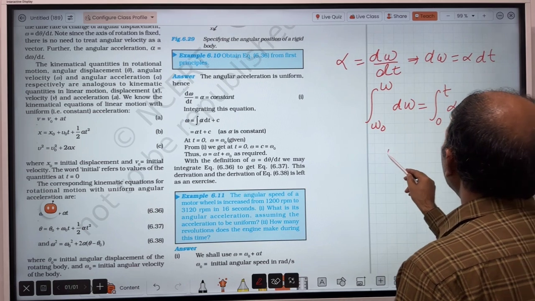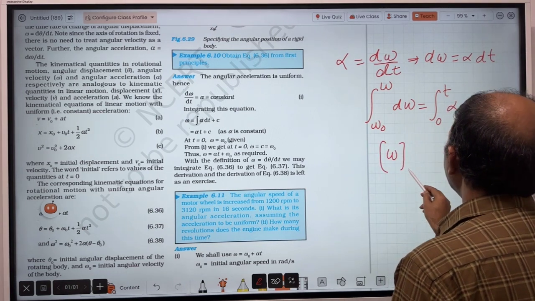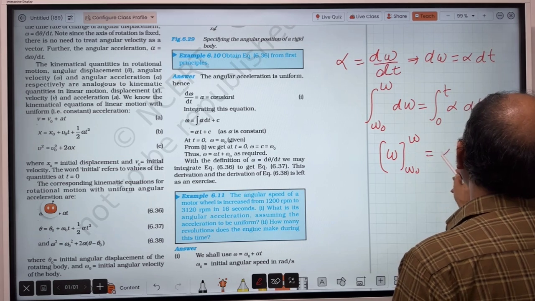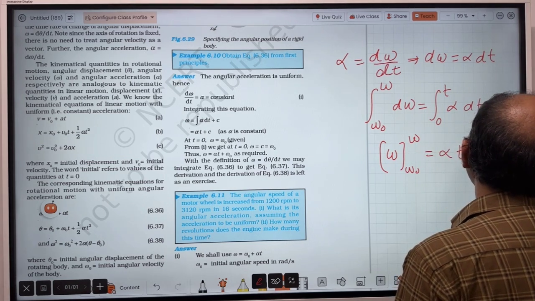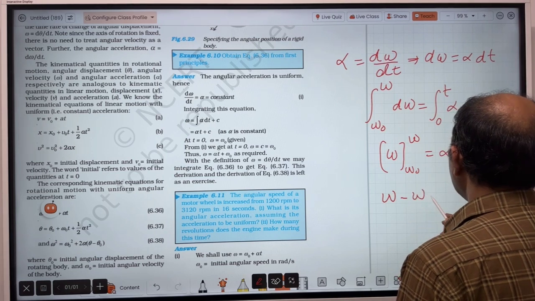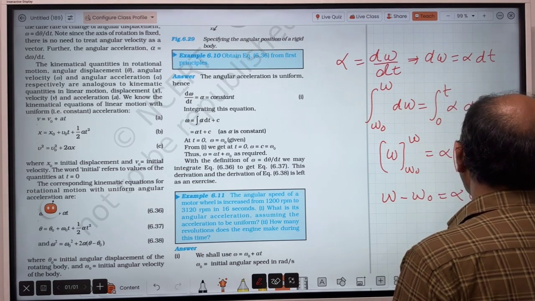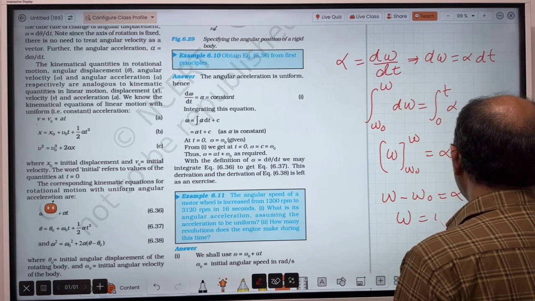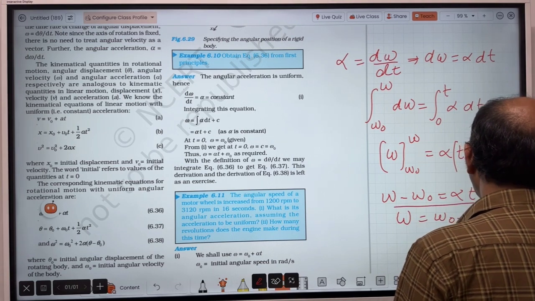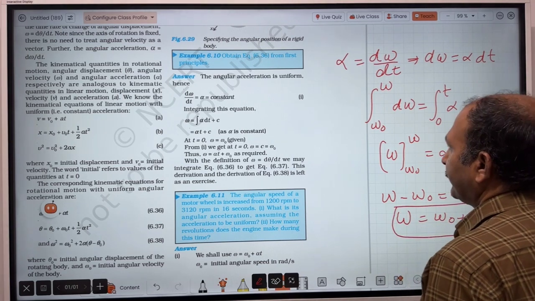Now the integral of d omega will become omega, with limits omega 0 to omega, and this will become alpha t, limits 0 to t. Now this will become omega minus omega 0 equal to alpha t, or omega equals omega 0 plus alpha t. So this is how you have got the first equation.